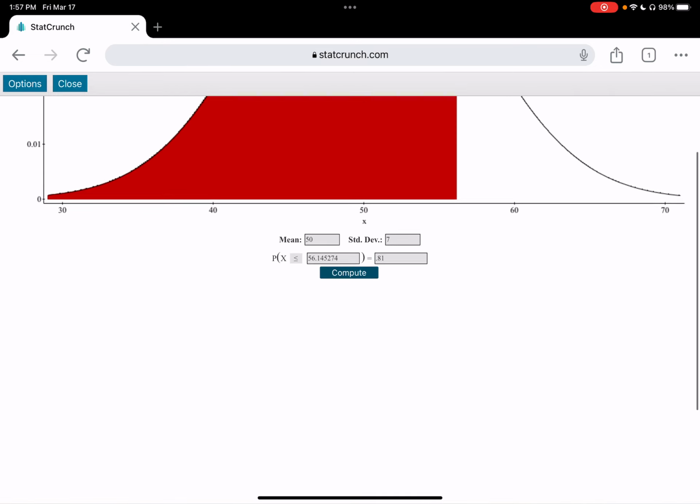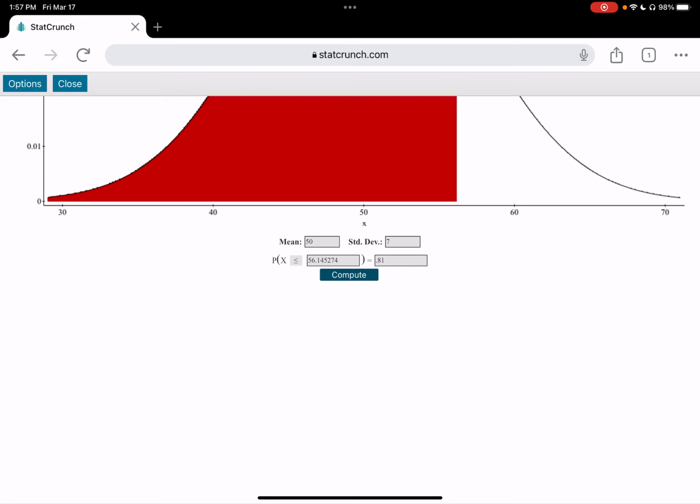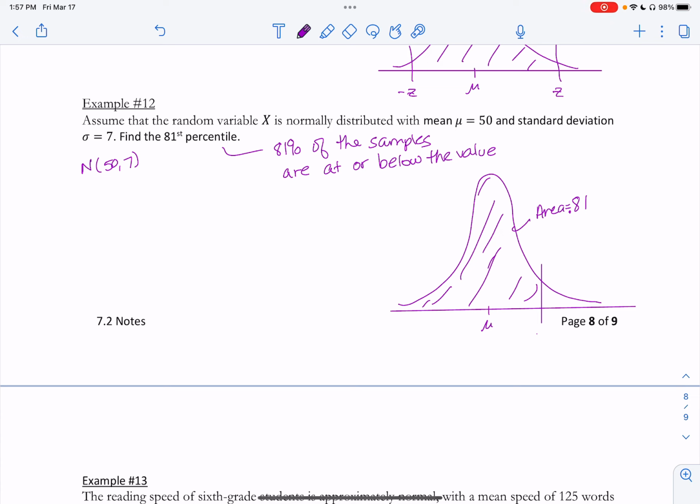I'm going to click compute, and what I find is a random variable value of 56.1453. So the probability that x is less than or equal to 56.1453 is equal to 0.81. That's where my cutoff is to be in the 81st percentile.